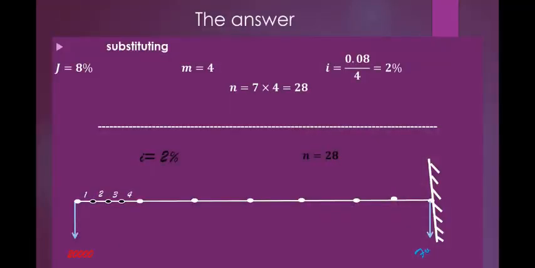We will substitute J equal 8% and M equal 4, so I, the periodic interest rate, will be equal J over M, which is 2%, and N will be equal 7 times 4, which is 28 periods.